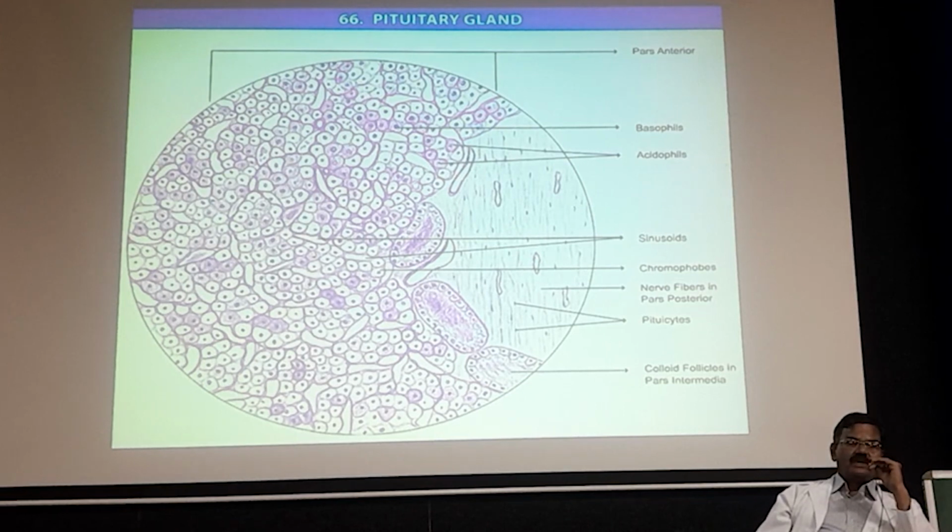Third variety, merocrine glands. Points in favor of merocrine glands: without any alteration in the architecture of the cell, the secretions are coming out of the gland.